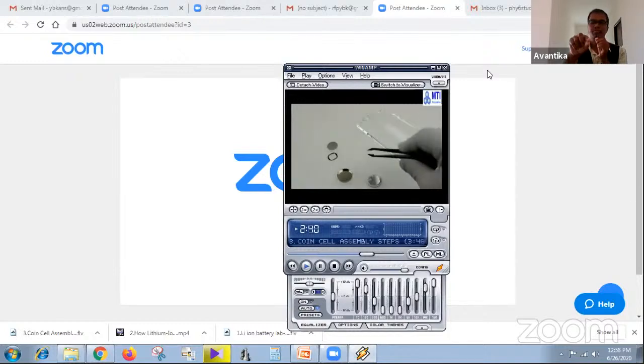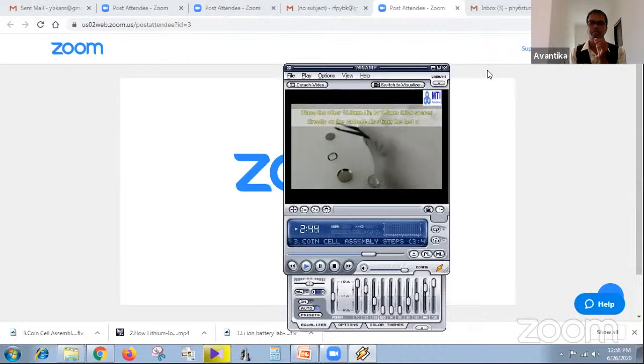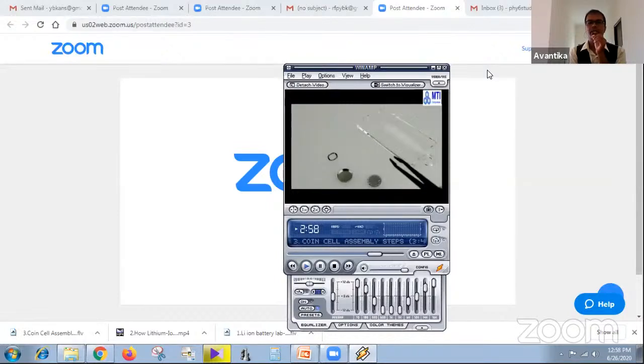Finally, they can keep the plate. Then they can also put the ring in order to keep a tight bond of the coin cell, because they have already filled in the liquid electrolyte, so it should not come out.